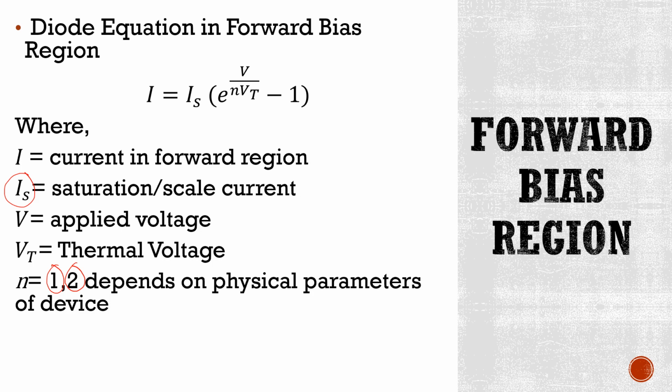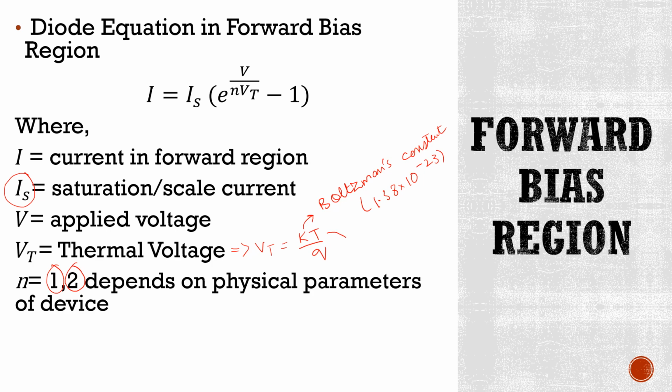Now, look at this thermal voltage. This thermal voltage is given by the equation kT upon Q, where K is Boltzmann's constant and the value of this constant is 1.38 into 10 raised to the power minus 23.